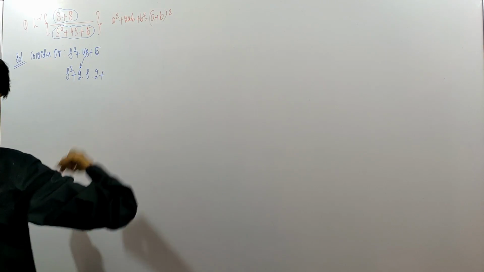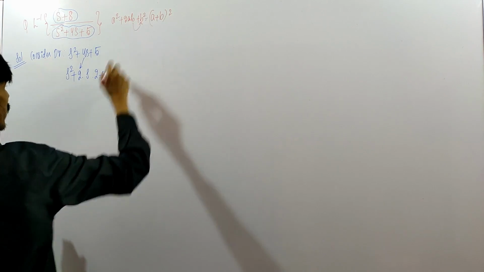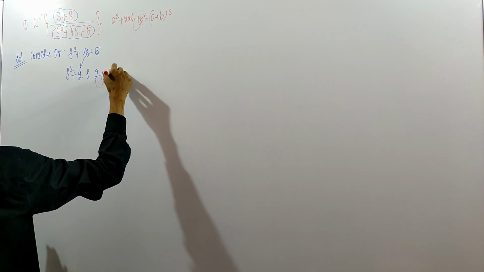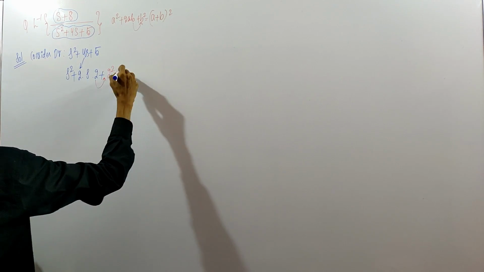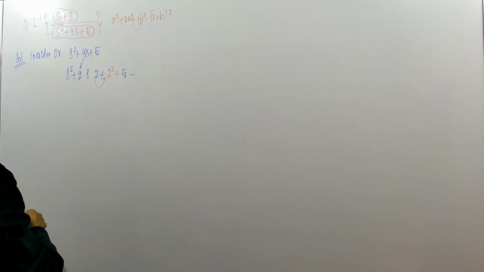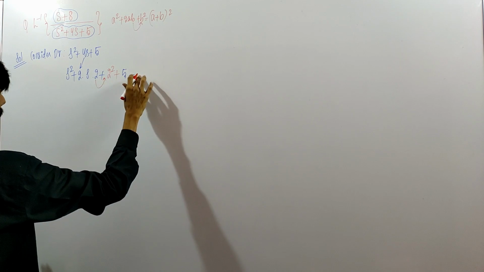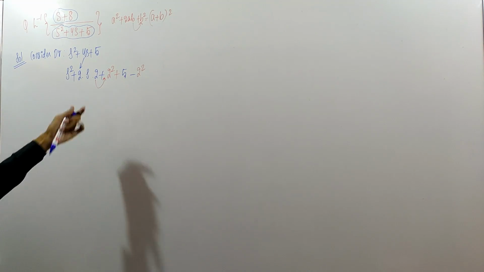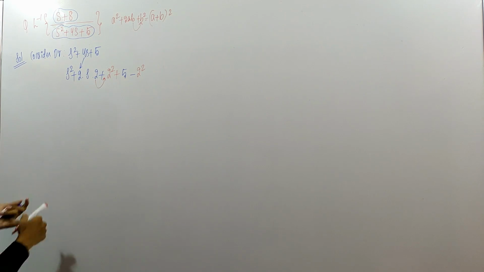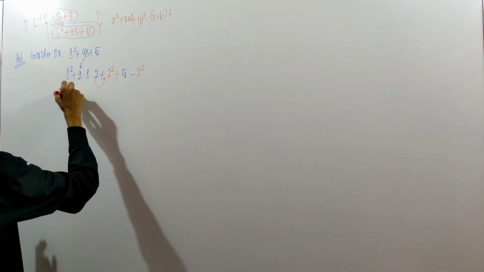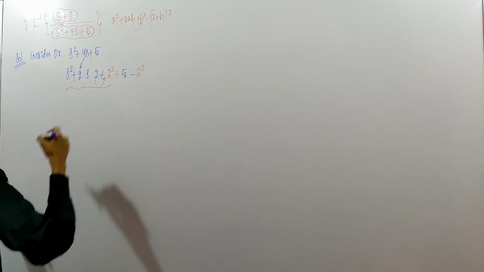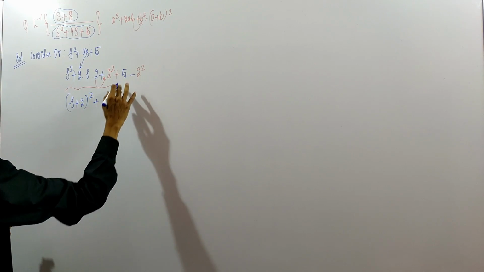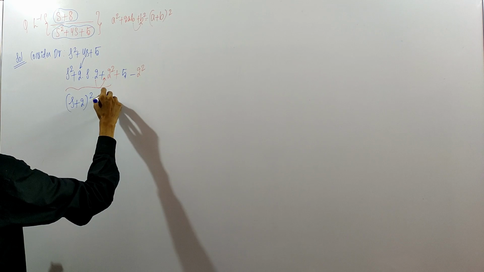Here we have b, then we will have b square, that is 2 square, plus 5. Now we have added 2 square, so we have to subtract 2 square so that this polynomial is balanced. Now this will convert into a perfect square as s plus 2 square, and here we have 5 minus 4, that is 1 square.